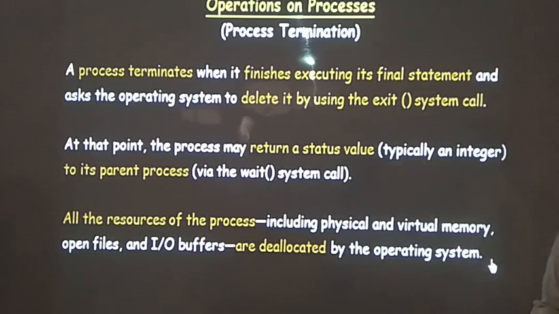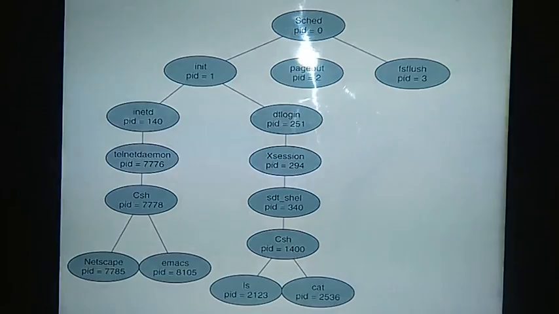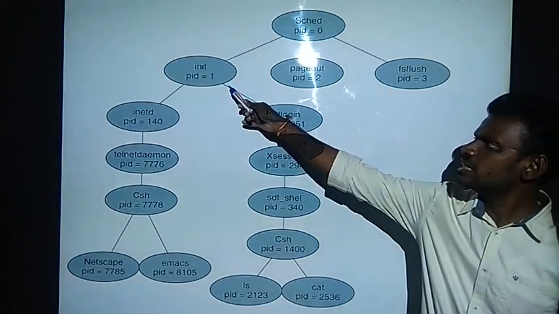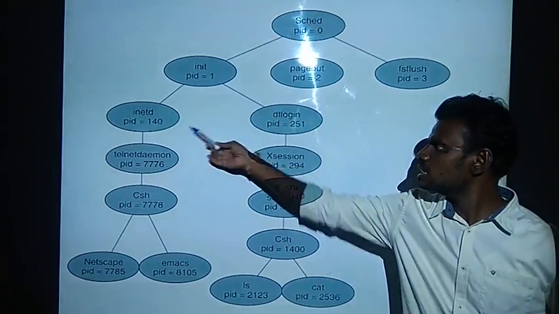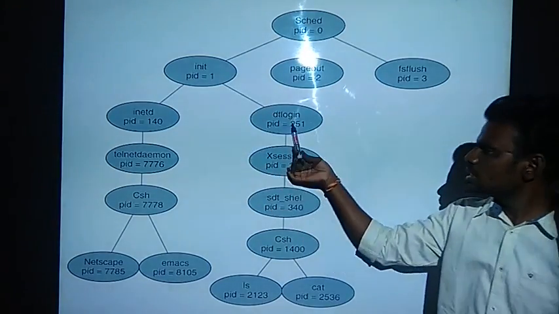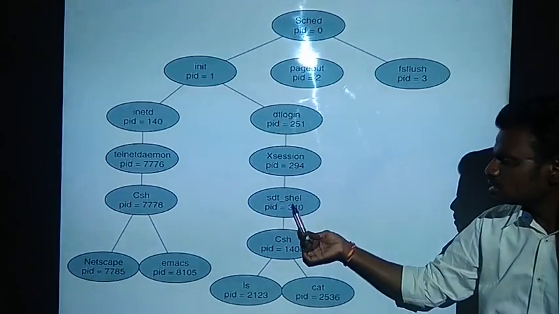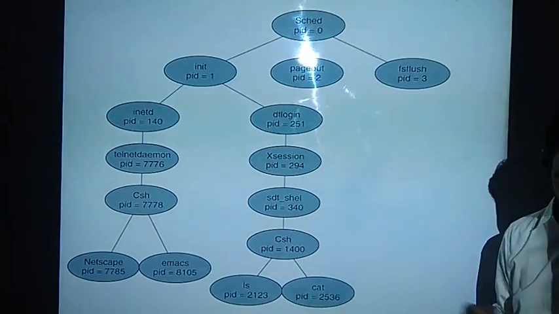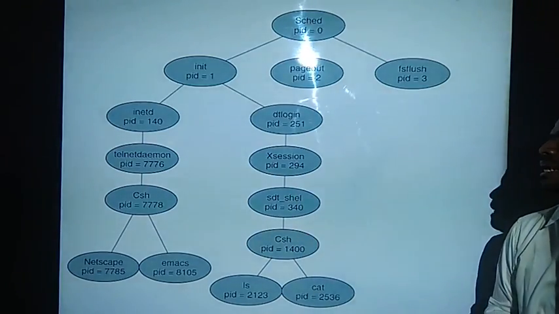If it has a child and parent relation, in a previous lecture we saw how we have the parent and child relationship between processes. If init is a parent process, then these two will become child processes, then this will become a child of this, and this a child of this. Like that we will have parent and child relations.